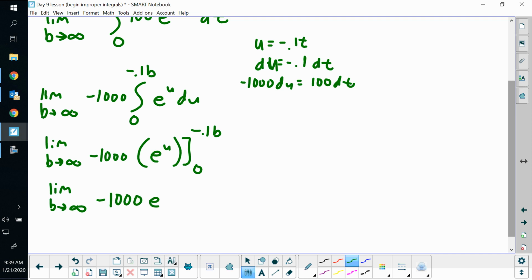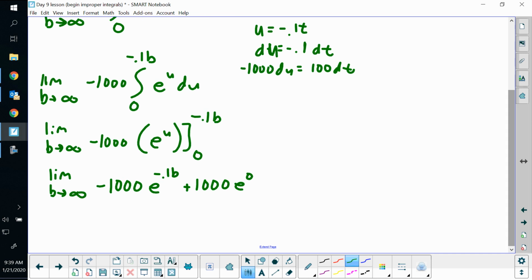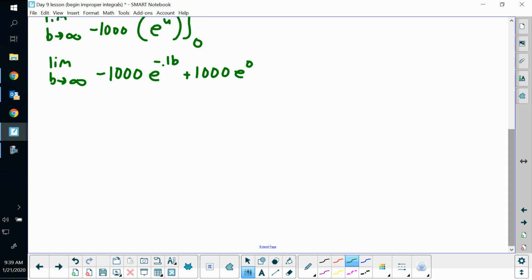This will be e to the minus 0.1 b. Then we'll have minus a minus, so it'll become plus 1,000 e to the 0. So this is limit as b approaches infinity. We've got negative 1,000 e to the minus 0.1 b, and e to the 0 is just 1, so this is plus 1,000.